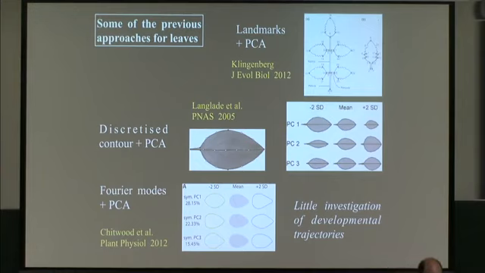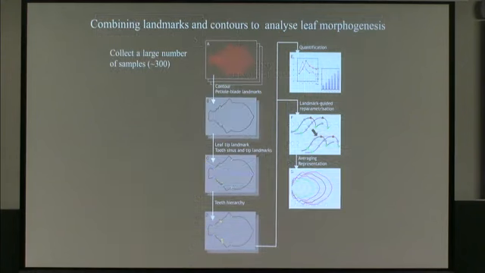So the way we're addressing this is by sampling a big number of leaves at different developmental stages and trying to reconstruct a representative developmental trajectory from a large number of samples. Typically we collect a few hundred leaves at different stages, in a given genetic background, so for one type of plant.